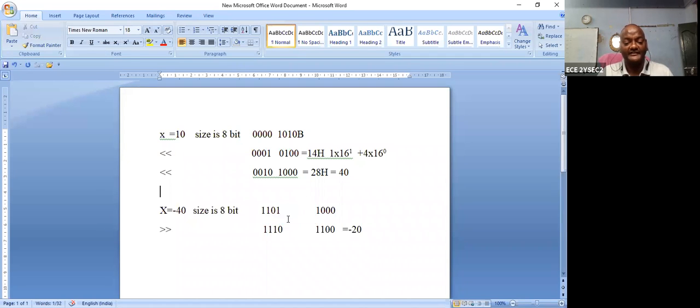That's why these two are minus. And this is the 2's complement of this. You should find out the 2's complement. So what is the 2's complement? Let us take this as the minus 20. Please remember.